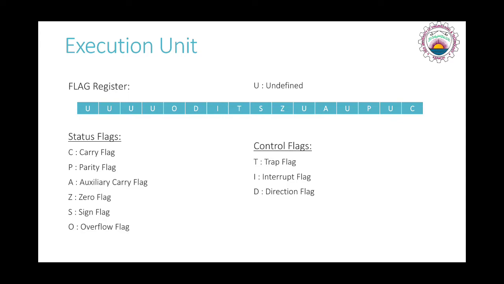Now the last status flag is overflow flag. Overflow means in case of addition, if you have added two positive sign numbers, and you are getting a negative sign number as result, then an overflow is generated.